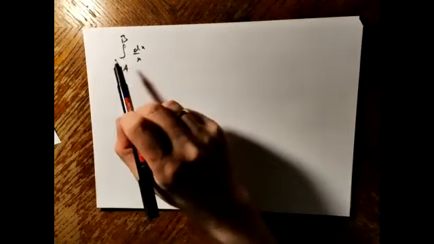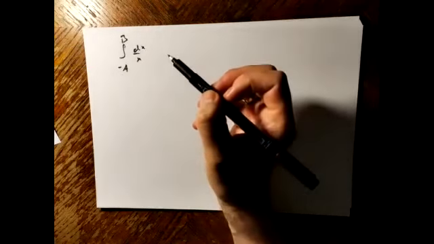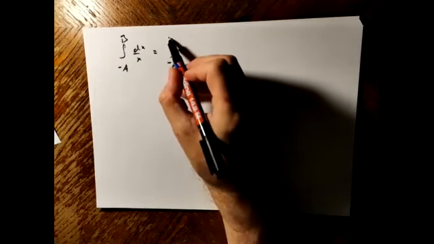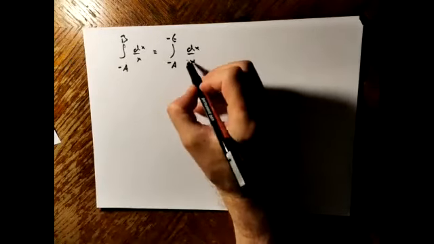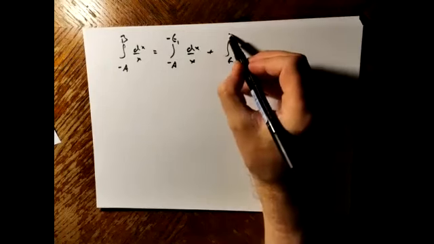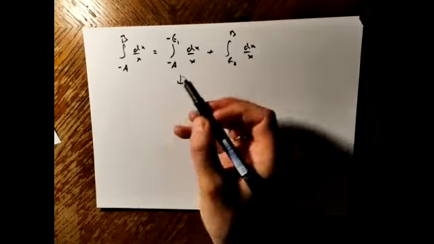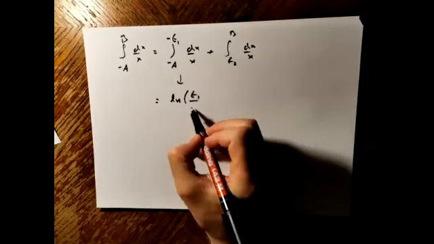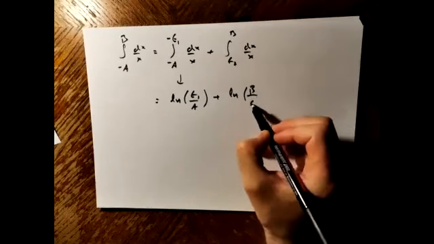So basically, what I want here is to say minus a to minus epsilon 1, dx over x, plus epsilon 2 to b dx over x. You know how to integrate this. It's going to be ln epsilon 1 over a plus ln b over epsilon 2.